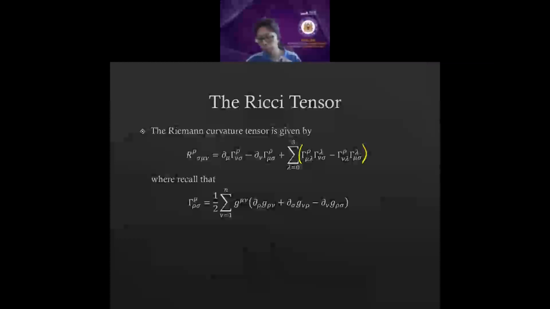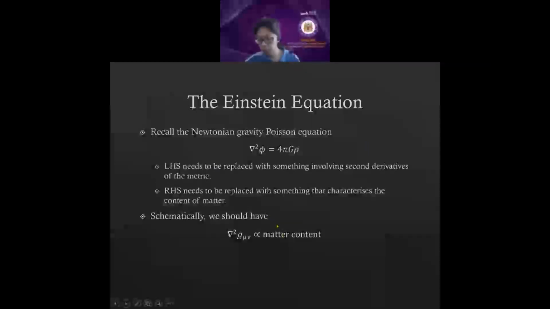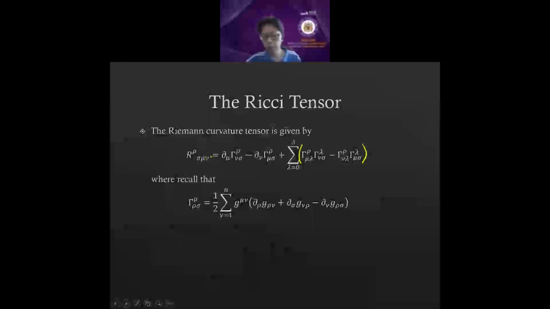But we cannot do so. Why? Because the right hand side is going to have only two indices, but the Riemann curvature tensor consists of four indices. So we cannot use the Riemann curvature tensor.